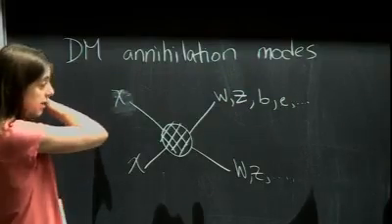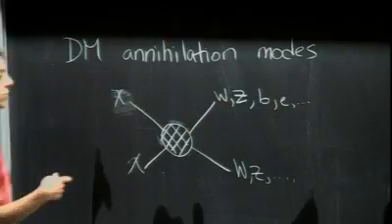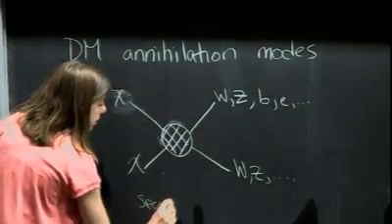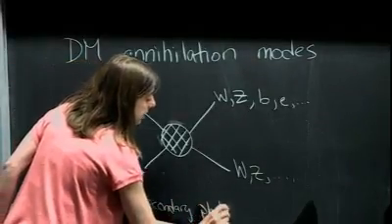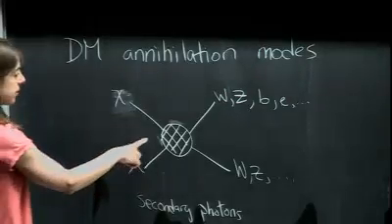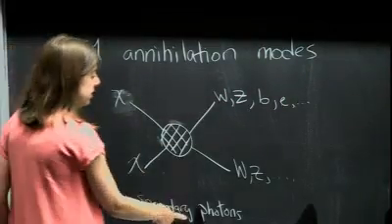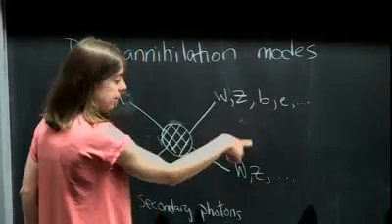So in this case, the photons that we observe are referred to as secondary photons. And they're secondary because they're not what's immediately produced by dark matter. You end up getting the photons from emission of these.